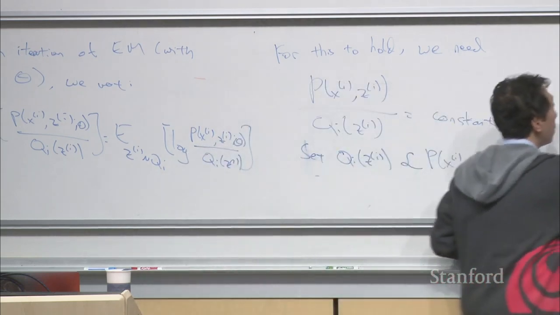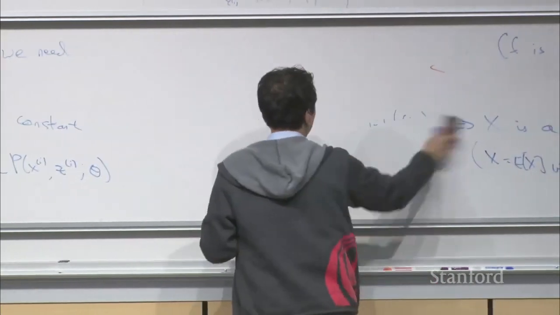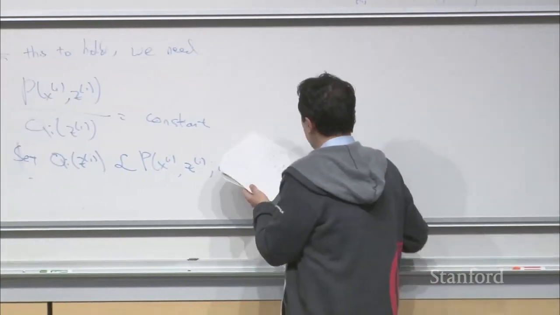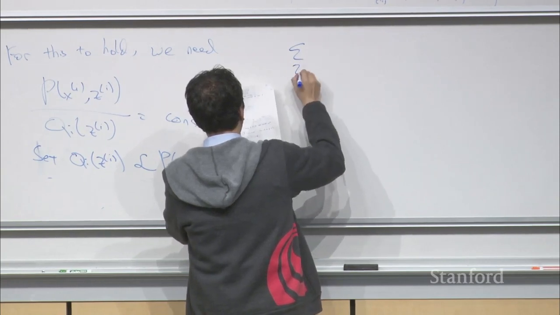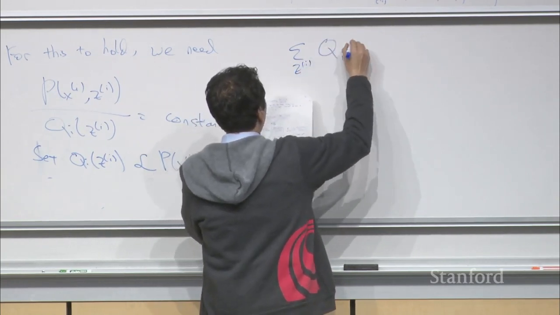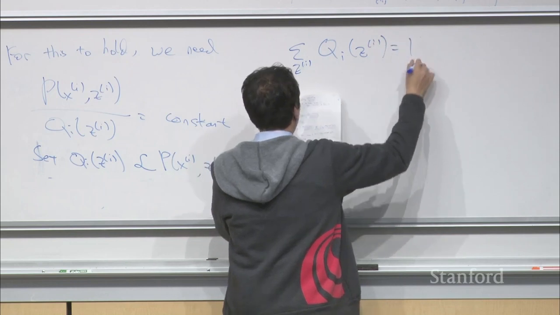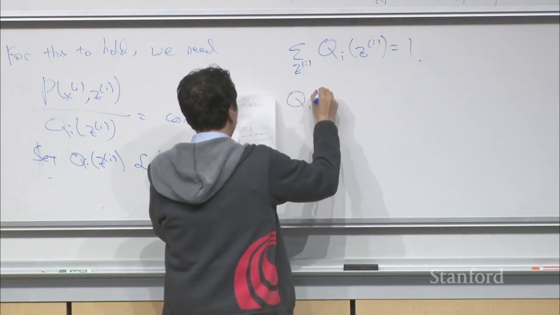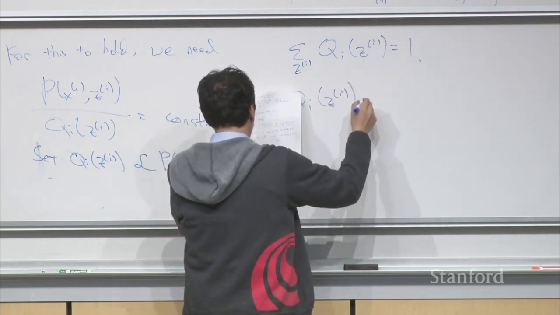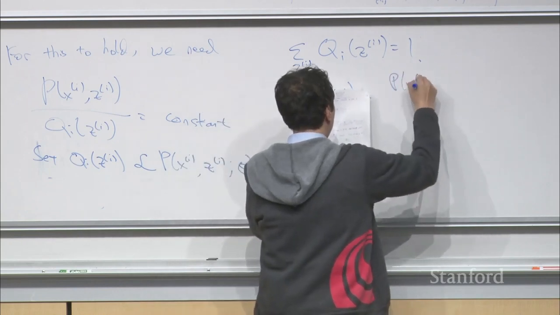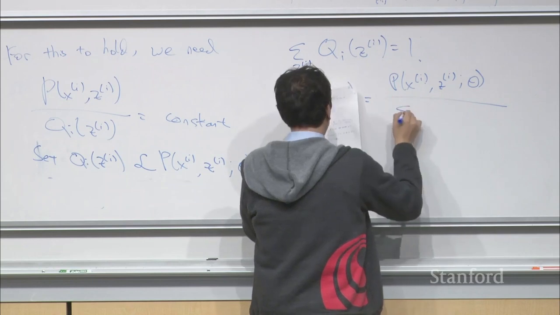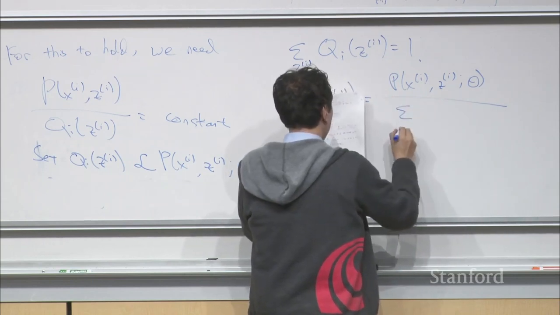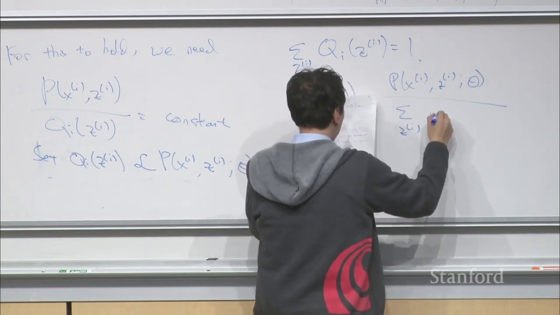The qi's need to sum to 1, right, so one way to ensure the proportionality is to just take the right-hand side and normalize it to sum to 1.